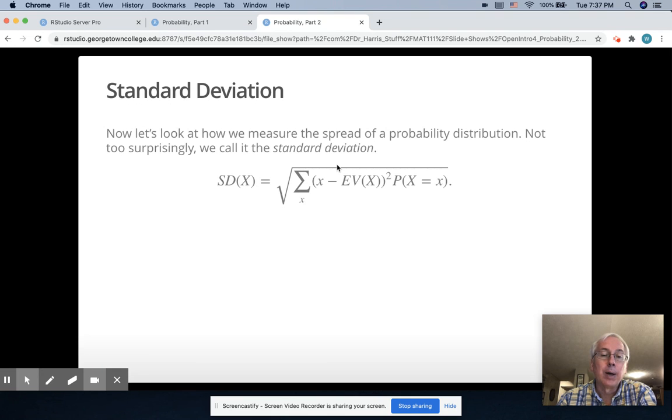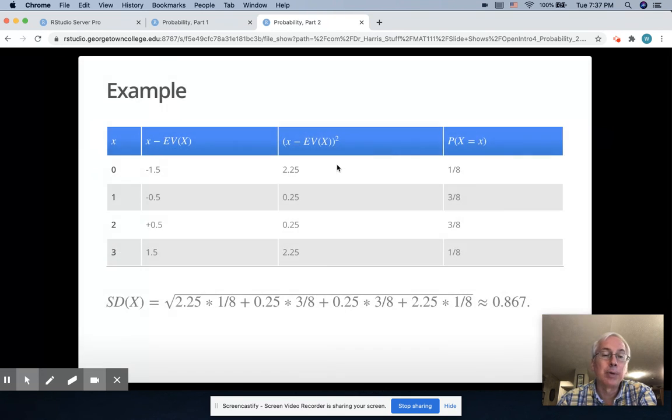So remember, our expected value for the coin flip problem was 1.5. Let's work through that example. If these are my values of x and my expected value is 1.5, here are my deviations: 0 minus 1.5, 1 minus 1.5, 2 minus 1.5, 3 minus 1.5.